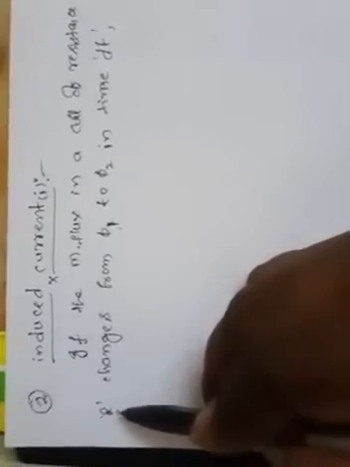So if the magnetic flux in the coil changes from phi 1 to phi 2 in time interval dt, and the resistance of the coil is R, then we can write the induced current expression.